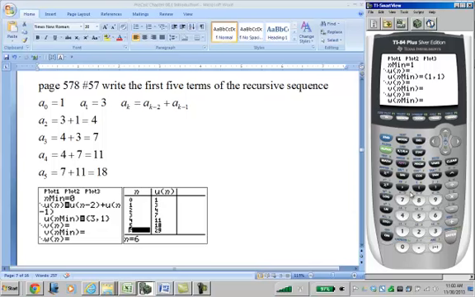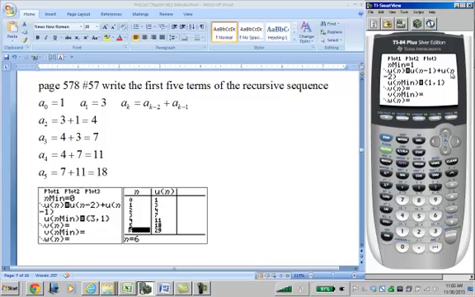But I deleted it, so I've got to put it back in again. Good practice anyway. Open parenthesis, n minus 1, close parenthesis, plus second 7 to get the u, open parenthesis, n minus 2, close parenthesis.